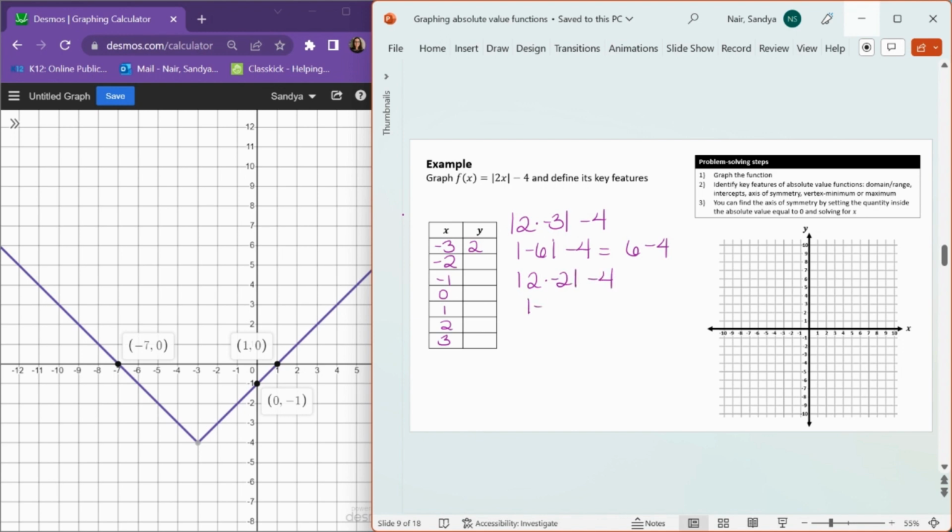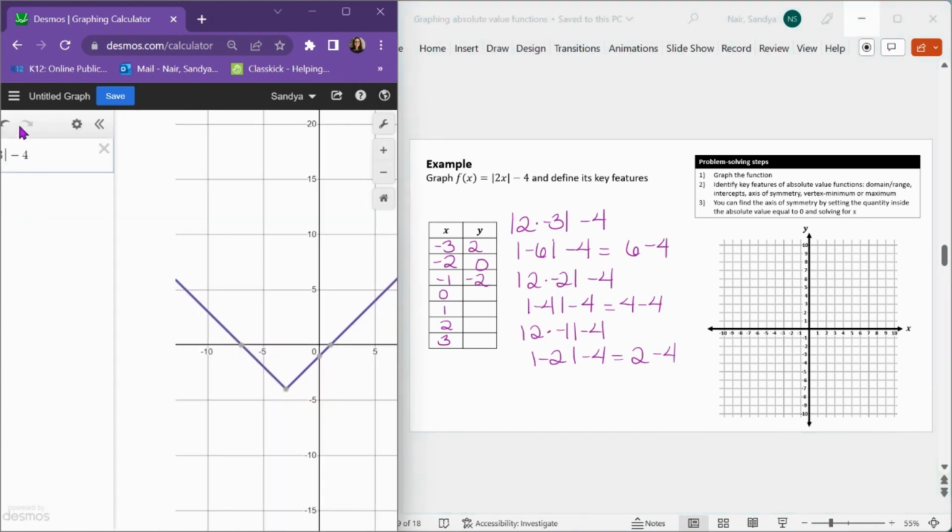So that's the absolute value of -4 minus 4. And that's going to give us 4 minus 4, which is equal to 0, right? And then we have the absolute value of 2 times -1 minus 4. And so that's going to be the absolute value of -2 minus 4, which is equal to 2 minus 4, which is -2. Okay, so you can keep doing this and using that to find the points.